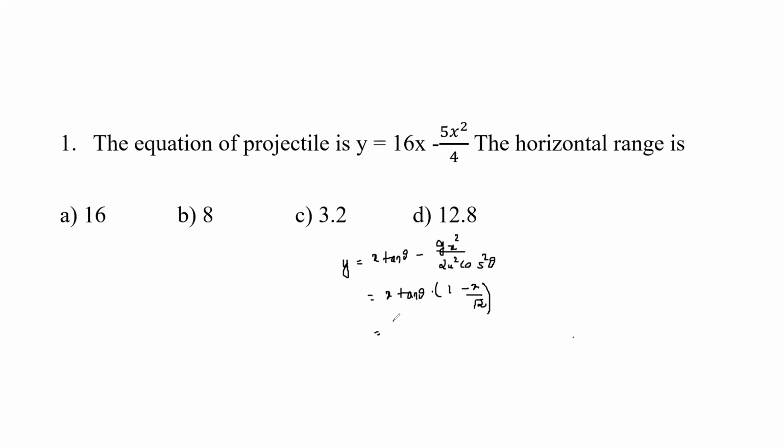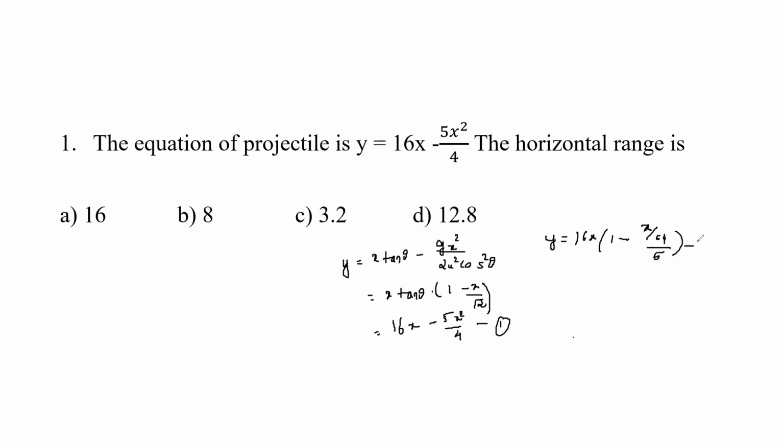So the given equation is 16x minus 5x square divided by 4. This can be taken as equation 1. Then y is equal to, we can write it as 16x into bracket 1 minus x divided by 64 divided by 5.